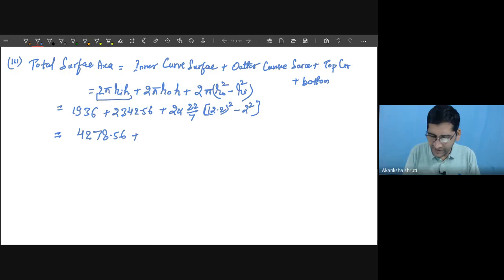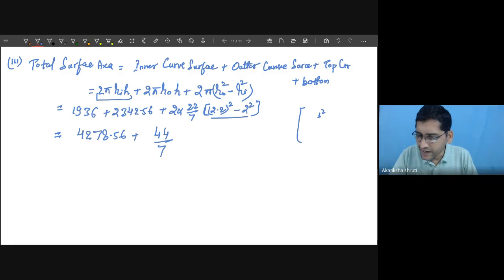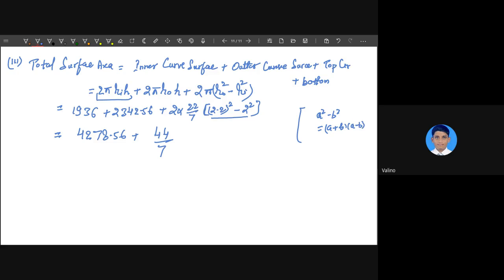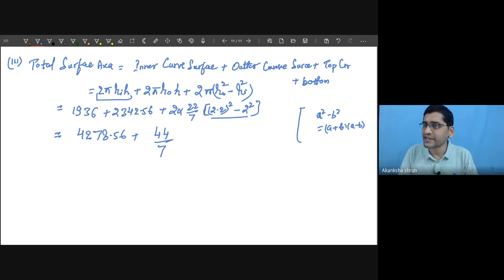Now we have to simplify the second one. 2 into 22, we can write here as 44, to be divided by 7. Now how to get this? I had explained earlier, if I have a square minus b square, then I can write this as (a plus b) into (a minus b). This helps in simplification, even without a calculator.